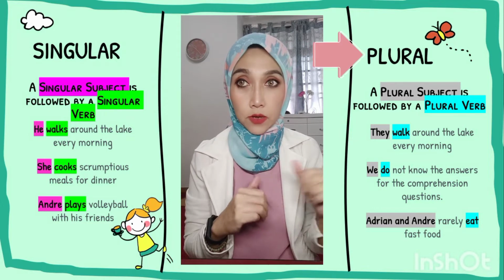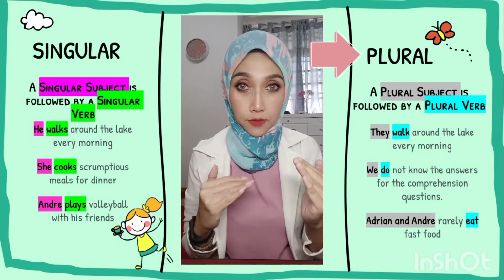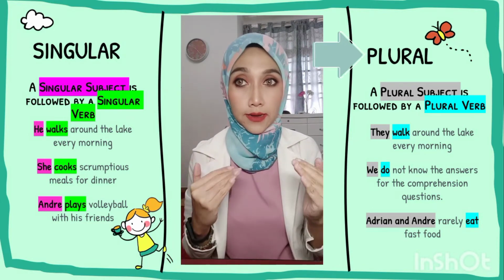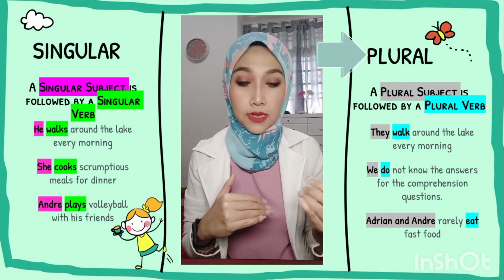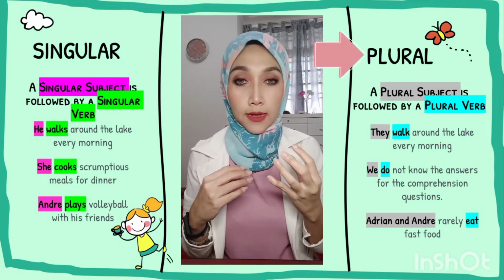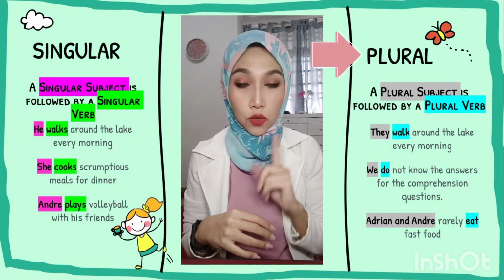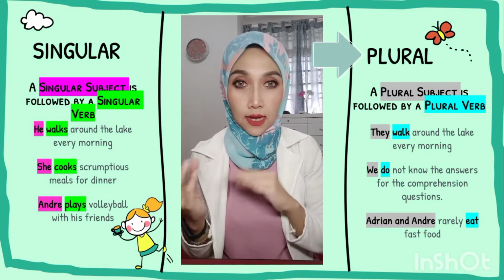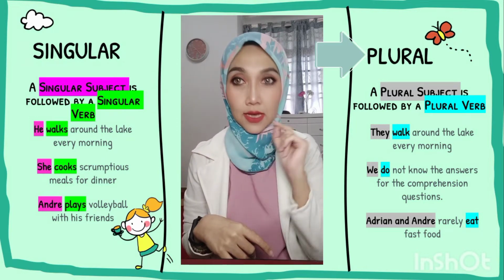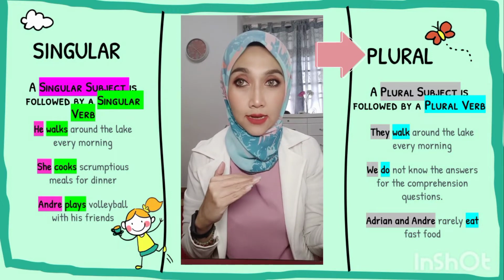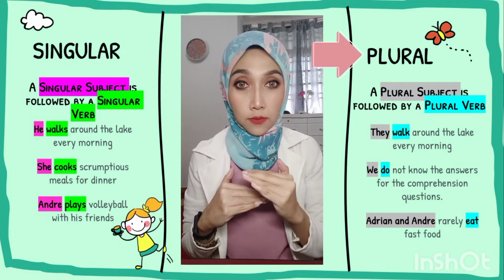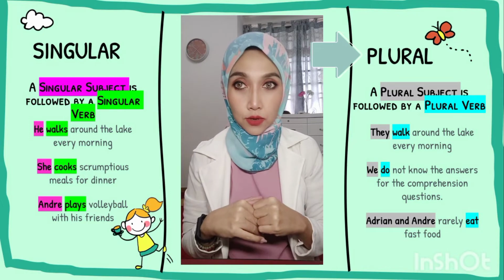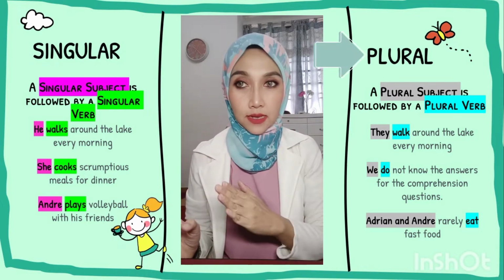So now, if a singular subject is followed by a singular verb, it means kalau ayat awak tu melibatkan subjek yang single, yang satu, contoh Alia seorang, so perbuatan dia, verb yang awak nak guna untuk subjek awak mesti single juga. How? Let's see the examples here.